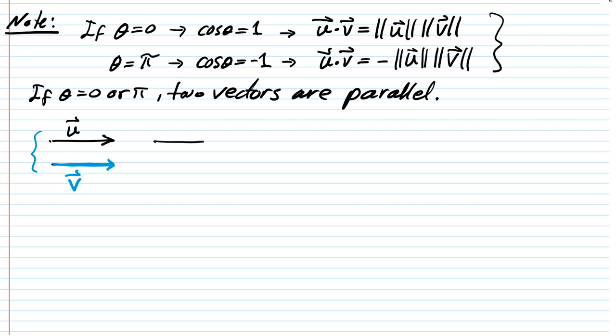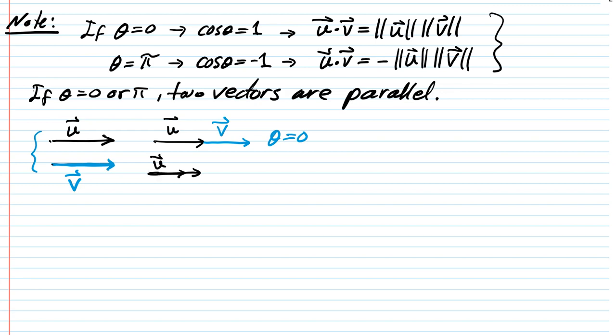This is going to be vector u, and vector v, I'm going to put alongside in front of that. There you go. And here's a case where theta is 0. The angle between the two vectors is 0. And in fact, one overlays on top of the other. We can show the vectors this way. Here's one, and the other one is directly on top of that one.